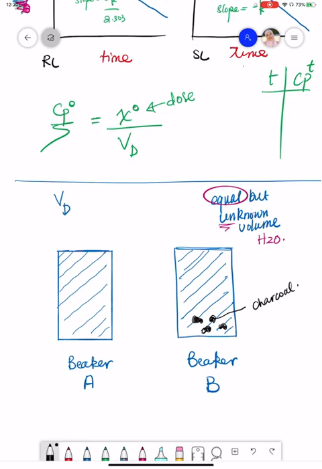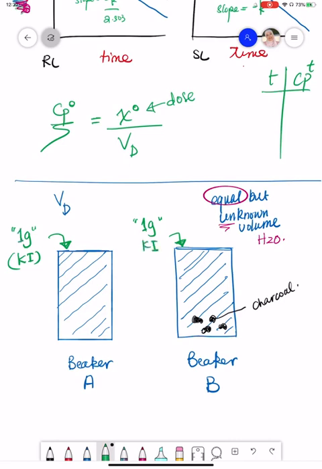Then in both beakers, A and B, we added the same equal amount of potassium iodide. Let's say 1 gram here, and the same thing here, 1 gram of potassium iodide.